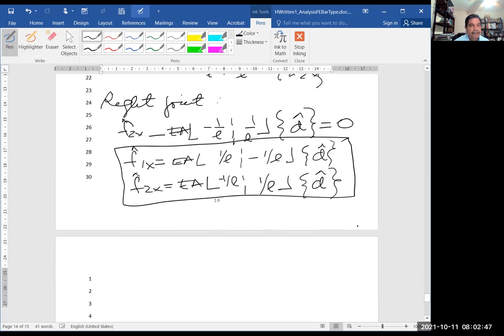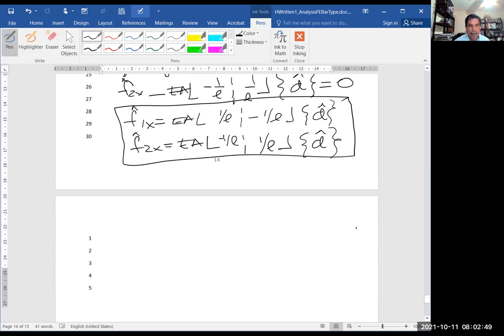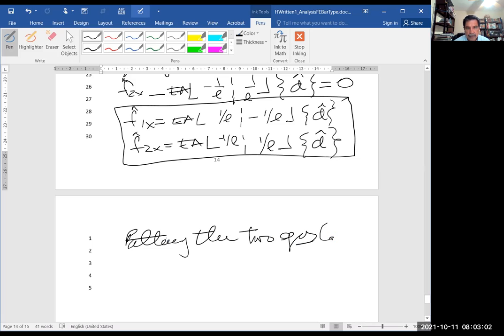So let's put the two equations together. On the left, I have a vector. This is the vector of external forces applied on the joints.